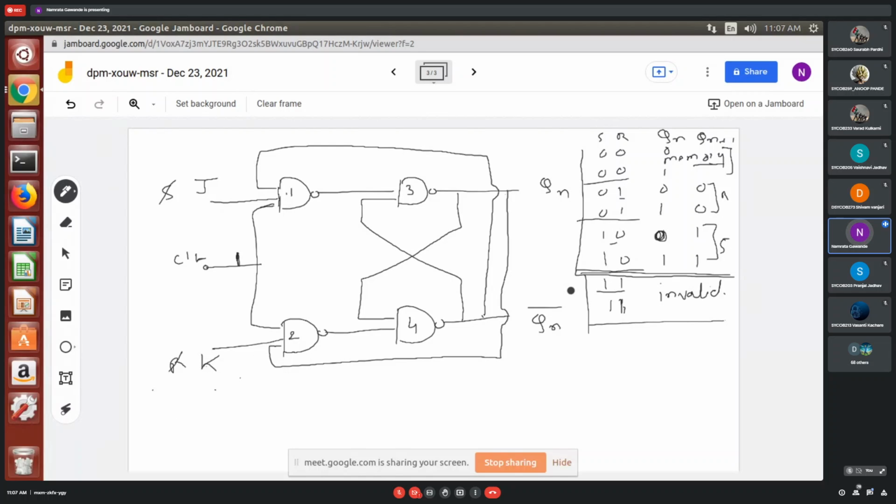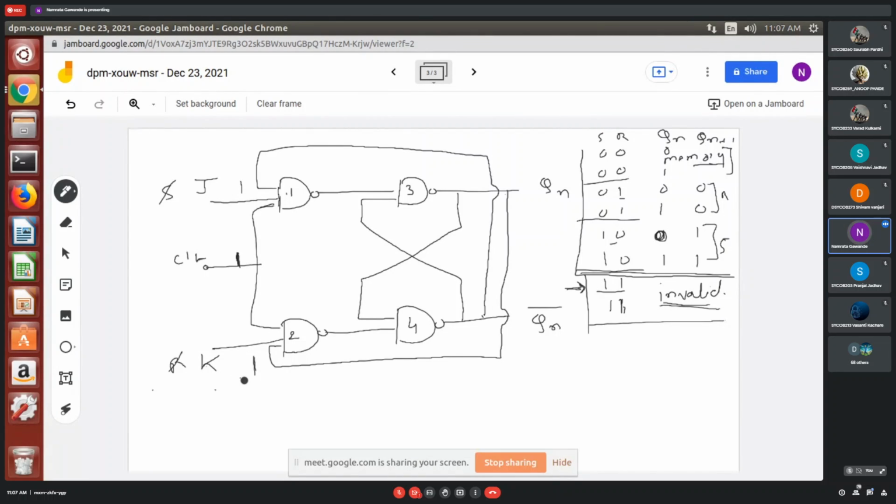Now we need to check this condition, because this is invalid and this can be overcome by the JK flip-flop. So over here, if the clock is 1, and if J and K both are 1, in that case, what will happen?